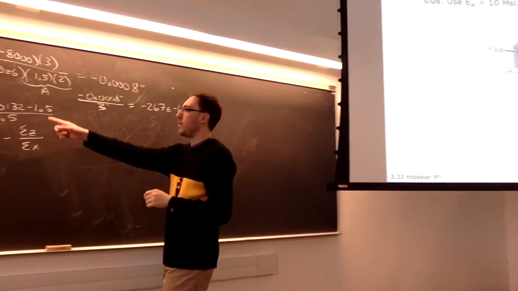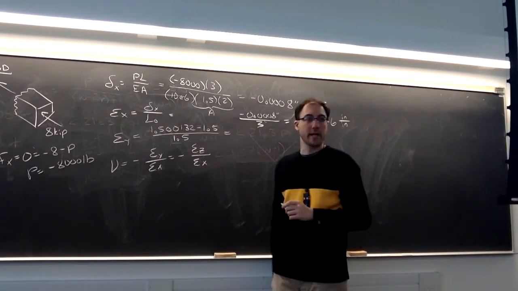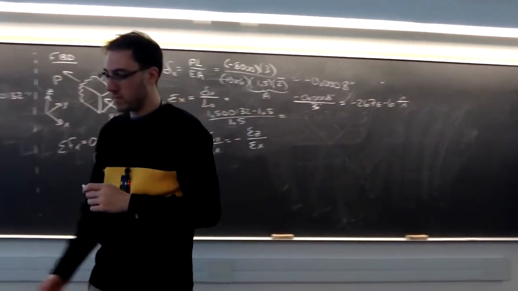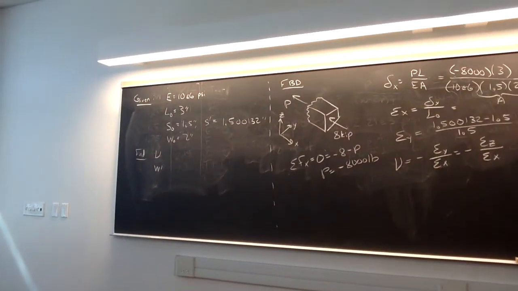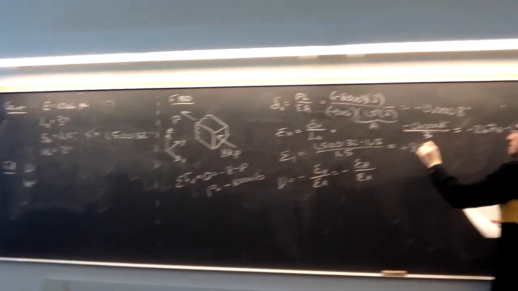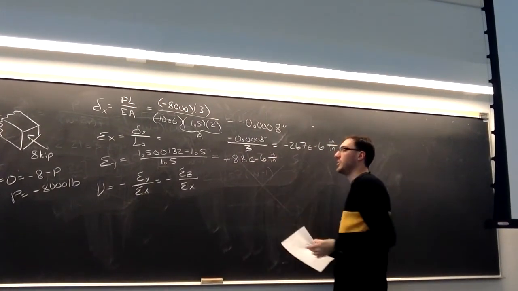It's larger than it originally was, so we should be getting a positive value for the strain in the y direction. In the y, we get a positive 88 times 10 to the negative 6 inches per inch.